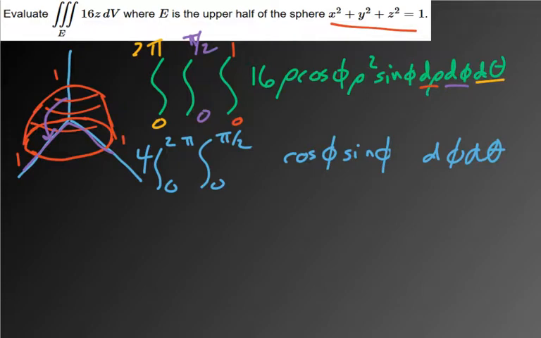And then, this is a nice integral. You can just do u sub because the derivative of sine is in here with cosine. So I'm just going to let u equals sine phi. Then du is going to be cosine phi d phi.